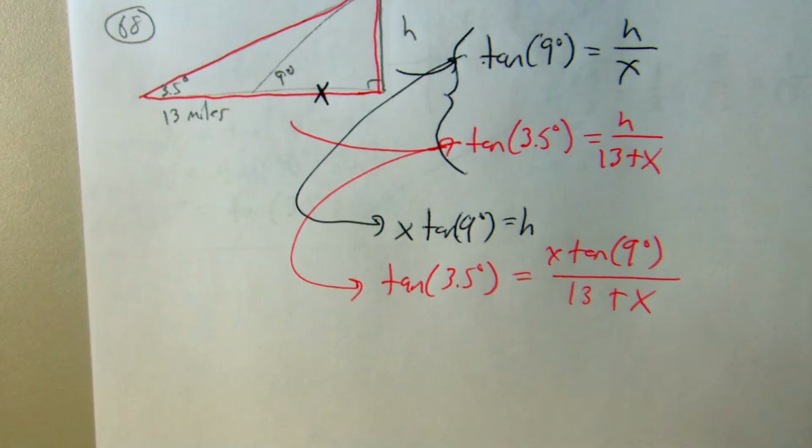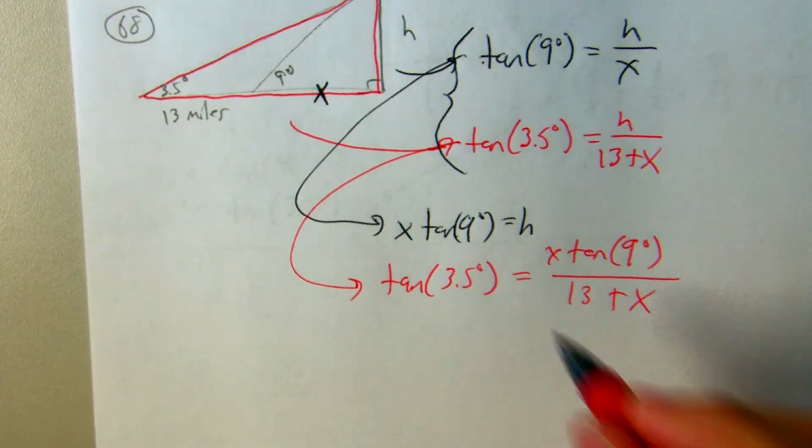And that's kind of messy, but why is this better than what I had? Right, so it's a mess, and it's going to take some algebra manipulation here. But at least I've got something that I can solve for X.